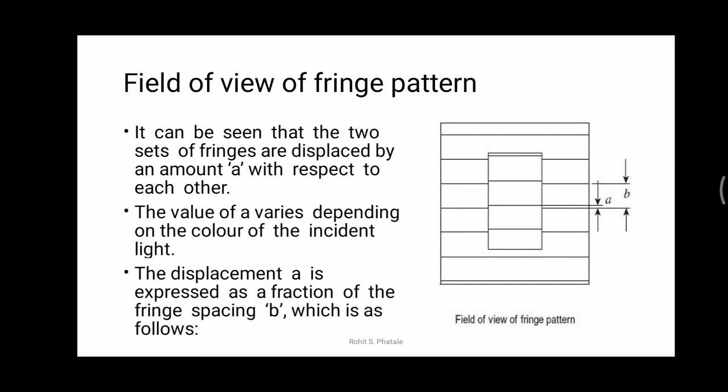Okay, इसका एक formula है, that fraction f is equal to A divided by B. So using this fraction we can find out, और fringe spacing B कितना है, A कितना है, और उसमें जो fraction है that we can find out using this relation small f is equal to A divided by B.